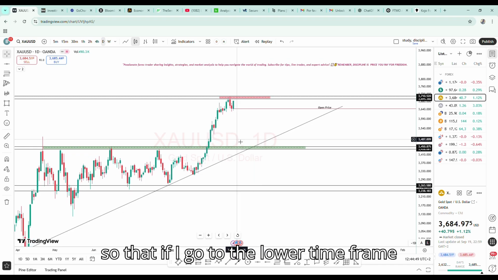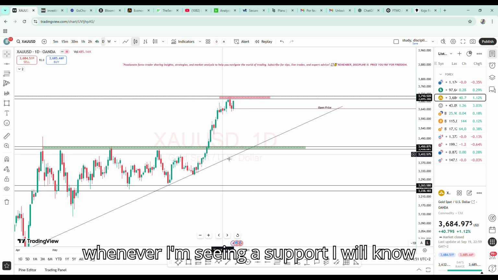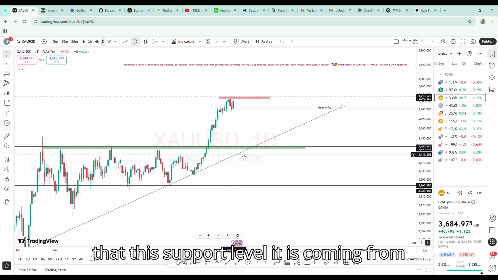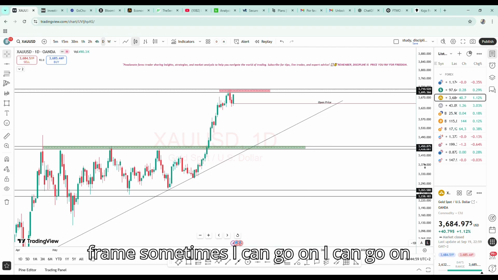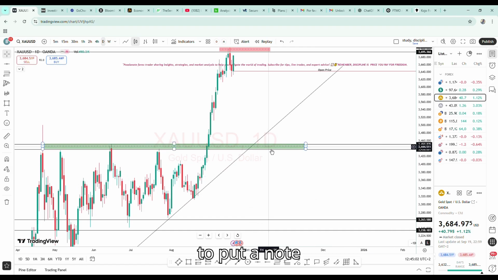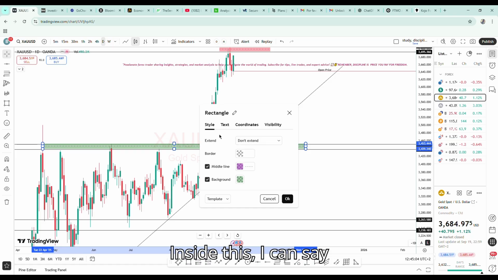Why? So that if I go to the lower time frame, whenever I'm seeing a support, I will know that this support level is coming from the higher time frame, like the daily time frame. Sometimes I put a note inside this.